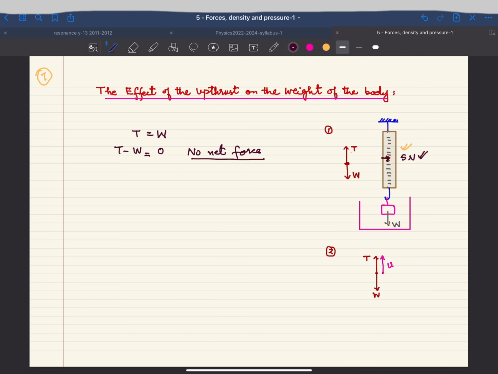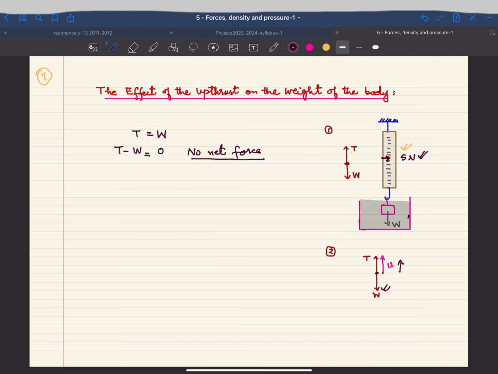But now suppose you have filled this container with water. Then the situation I am showing here is this: the weight acts downward, and there is tension, but the liquid or water is also giving you an upthrust.